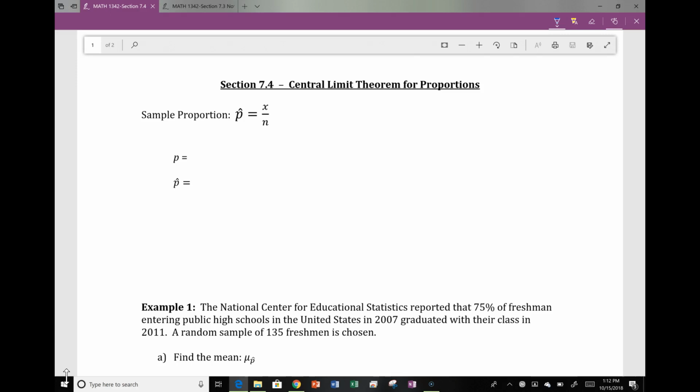We are just given the actual frequency and the total sample size. We aren't given that actual probability instead. So a sample proportion, p hat, is equal to x divided by n. X is just our frequency divided by our total value.